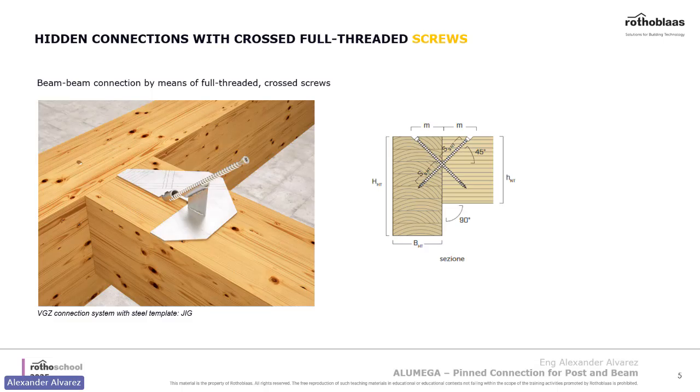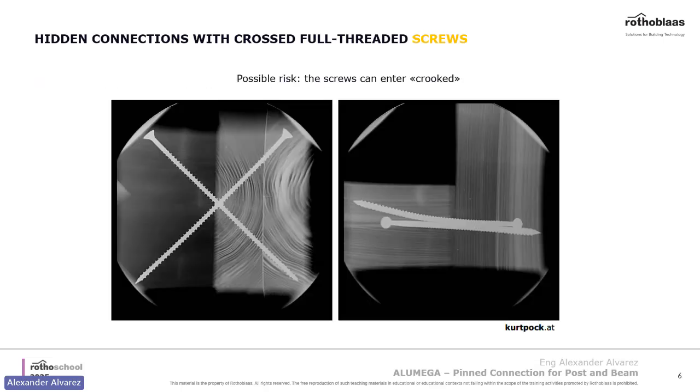However, as I said before, by eye it looks like it's going straight, but if you had X-ray vision, that's not always the case. Sometimes they may be perfect, like the picture on the left. This is a perfect installation. But in the picture on the right, you can see it comes off kind of crooked. It might not be a big deal, since this is an X-ray and no one can see what's inside. But what if you wanted the screw to come out one direction and instead it comes out the side?